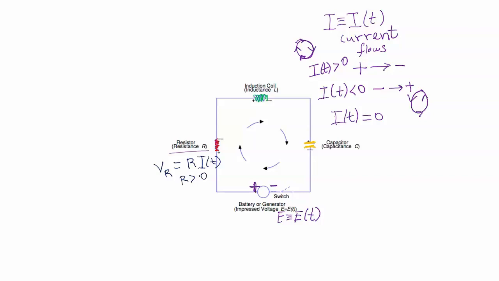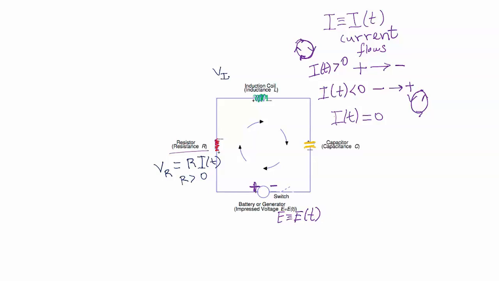Now the voltage drop on the induction coil is going to be denoted as V sub I. Maybe V sub I would not be the best notation here, but let's just assume that's the notation. That denotes the voltage drop at the induction coil.